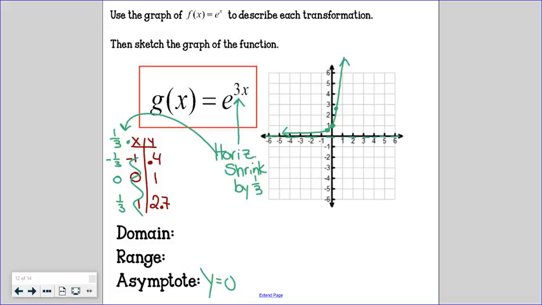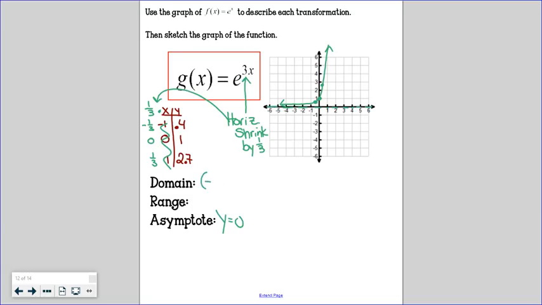Brogan, tell me about the domain. Good. Kenzie, how about our range? Ooh, I disagree. 0 to infinity, yeah. We're not going to cross that horizontal asymptote, so it's only going to get close to but never get to 0.